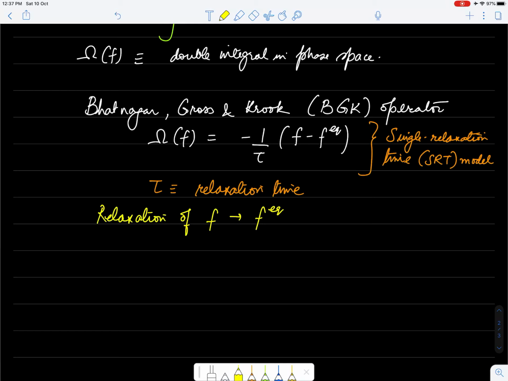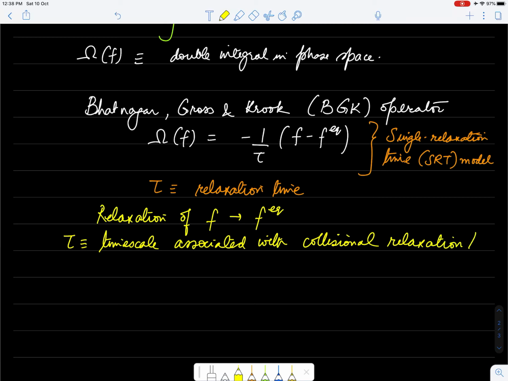And the way it captures it is that the relaxation time tau is the time scale associated with this collisional relaxation to the local distribution, to the local equilibrium.